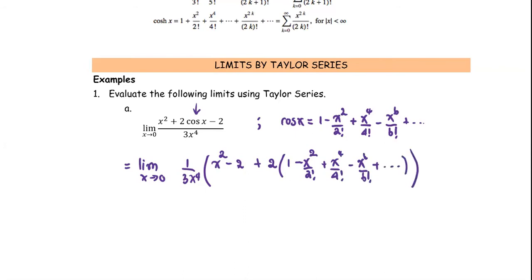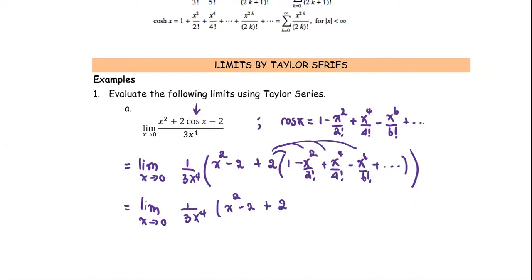Now, we are going to simplify the quantity in the parentheses. We have x squared minus 2. We simplify by multiplying 2 into the terms of the power series.